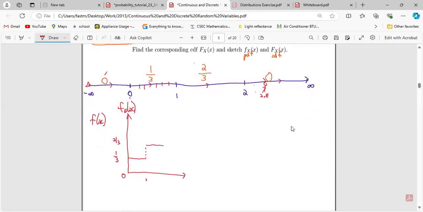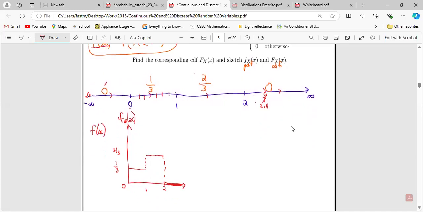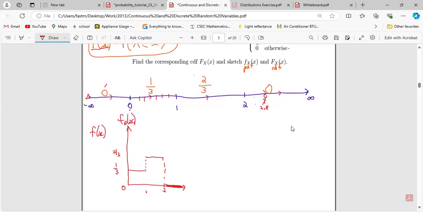And then this is 0 otherwise. Okay, let's do what I told you. Remember the lowercase f means PDF. And that's it. That's the lowercase one. So now basically they want you to get the CDF, which is the capital F of x. Right, so we'll be using this line method that we have here.